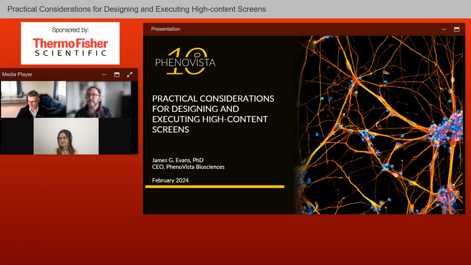And then to your question about multicultural systems, combining astrocytes, so human iPS-derived astrocytes, particularly with different types of neurons, really helps their maturation process and makes the data more relevant.